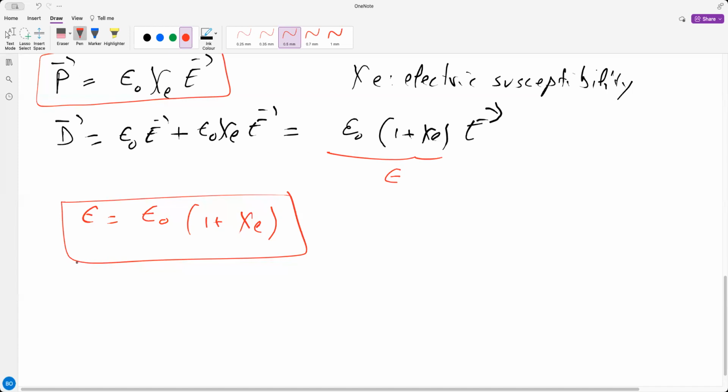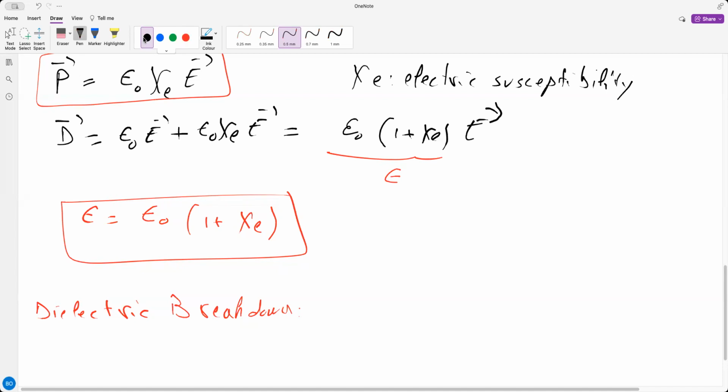Okay. So another thing is the dielectric breakdown. Again, you have seen this, but I will not go into the detail. I just want to mention here that a dielectric should not be subject to a large electric field.